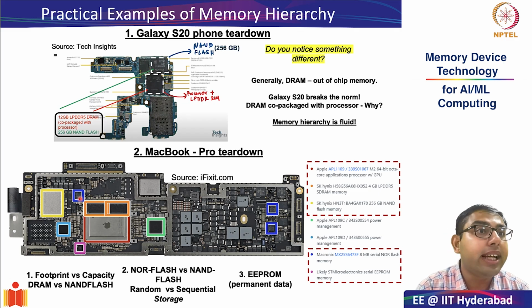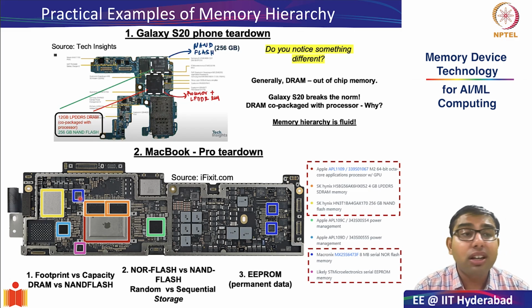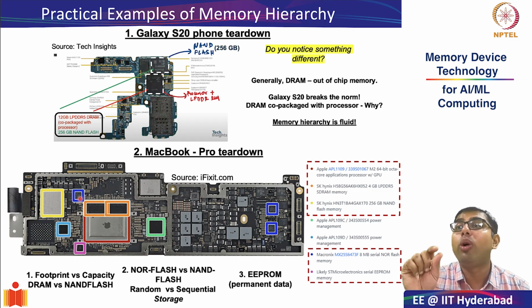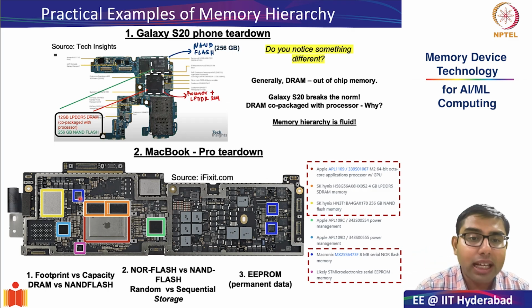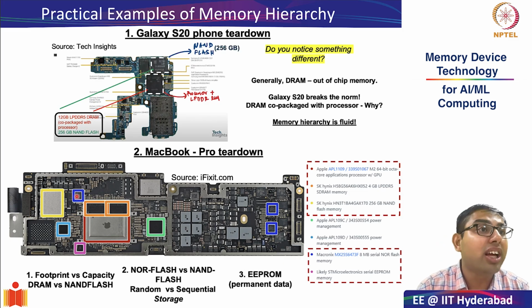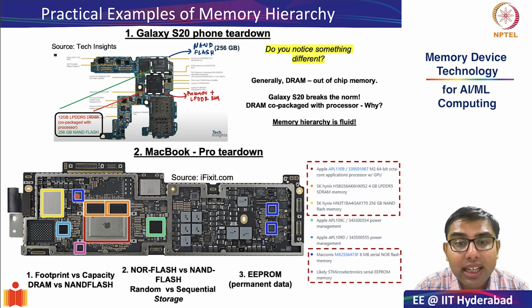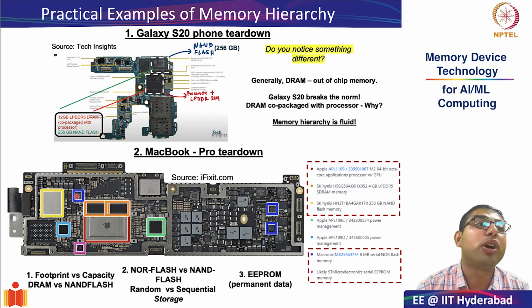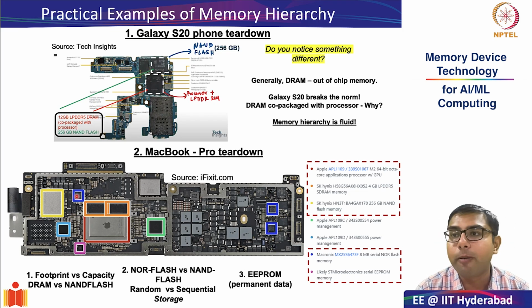So the latency for permanent data in certain applications you would want to have very, very small. And this is where NOR flash can play a very important role. So generally you store the boot code in NOR flash so that you can have non-volatility and fast access times because of random access capability.